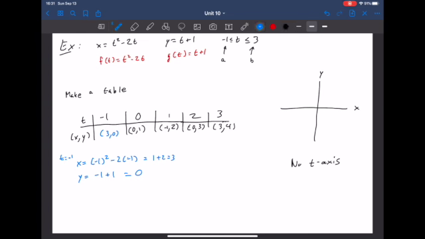So there's 3, 0, 0, 1, -1, 2, 0, 3, and 3, 4.